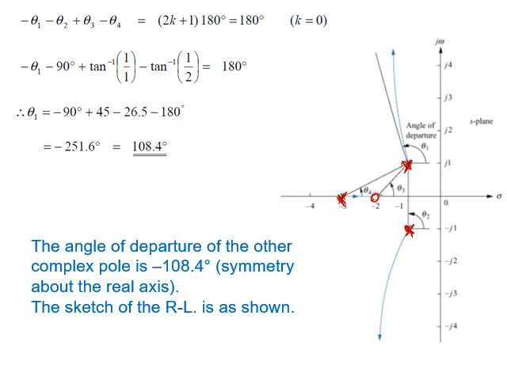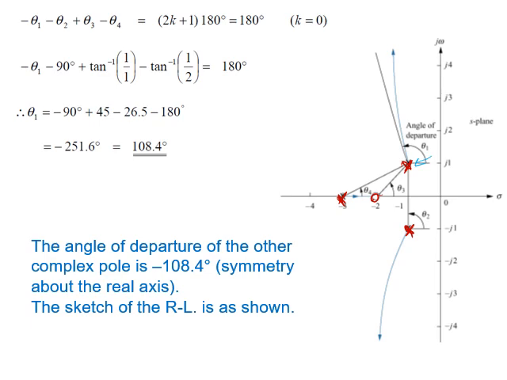Now, we will start by calculating the angle of departure and angle of arrival, if any. Of course, it will not be mentioned; we must know. If I want to calculate for a pole, it means it's the angle of departure.